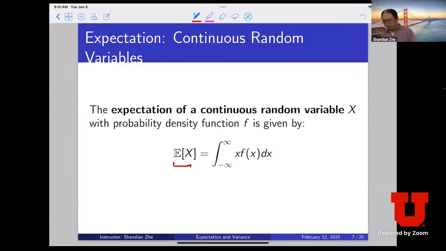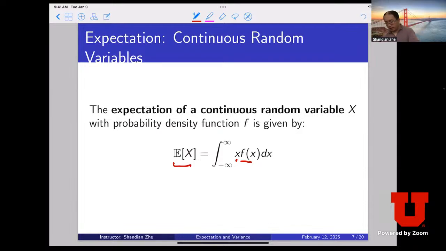We integrate from -infinity to infinity, x times the PDF. And that's it. You can imagine this is a continuous generalization of the summation.